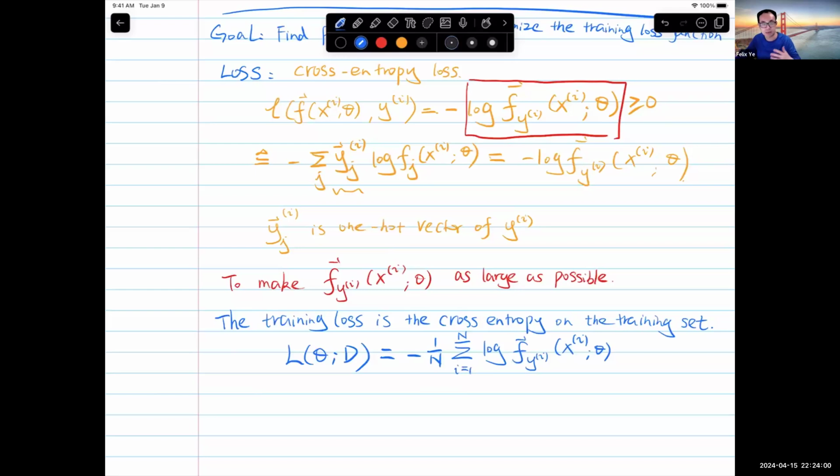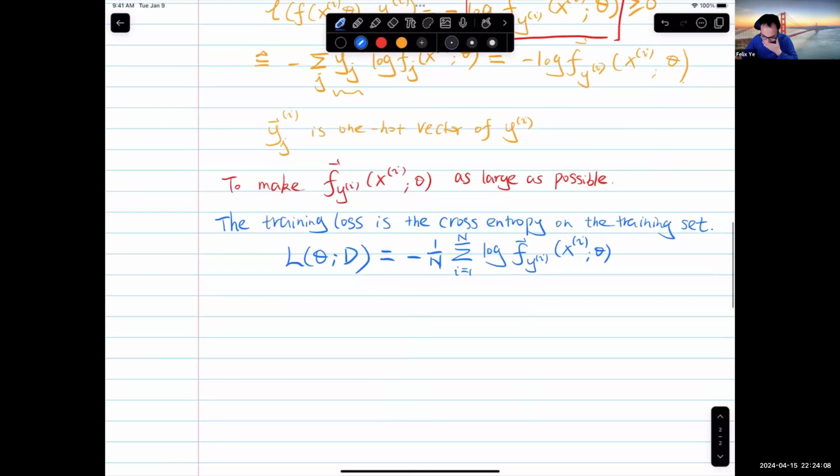Right, so this is basically the average of the cross entropy loss. And of course this is the training loss, but in practice, in logistic regression for multi-class classification problems, we usually add a penalty here.